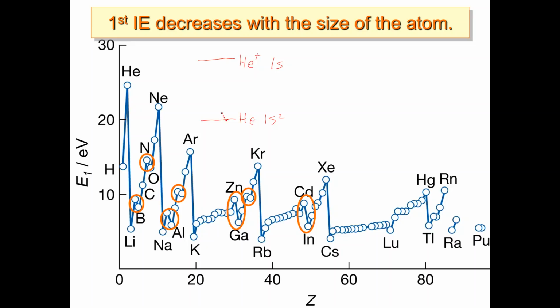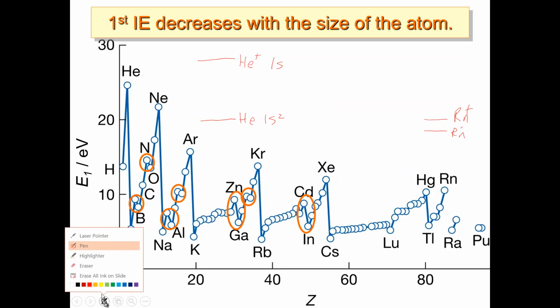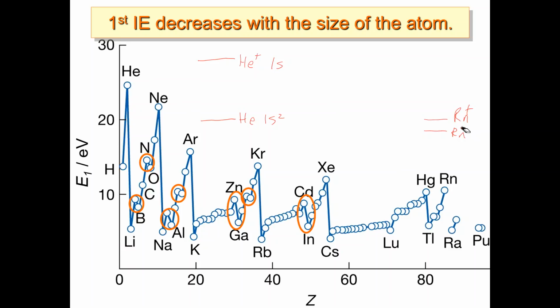This energy difference, the first ionization potential, is a much bigger gap than for radon. So the cation up there. Let me erase that little smudge.